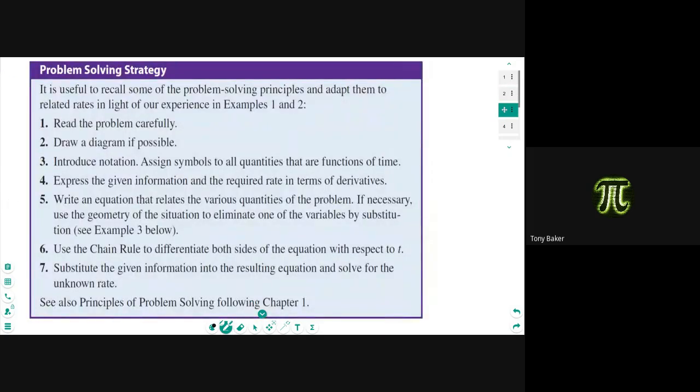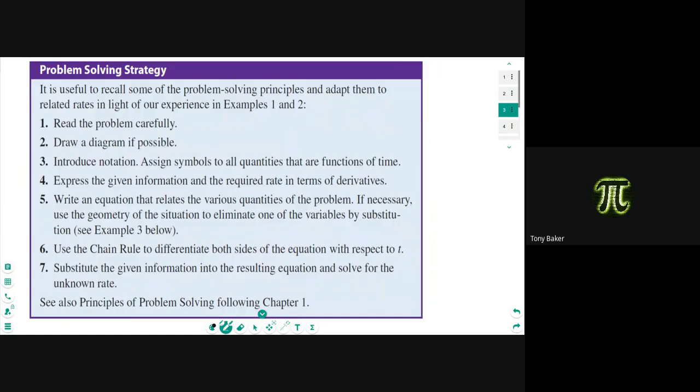All right. Here's a great problem solving strategy. This is basically how you're going to do these problems. Read the problem, and then reread the problem. Any type of word problem in math, read the entire problem before you start doing it. Then go back and start pulling information out of it.